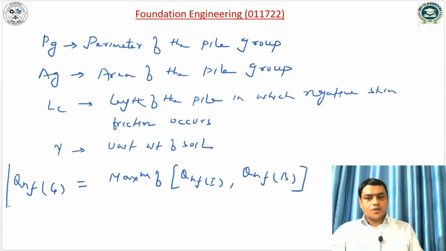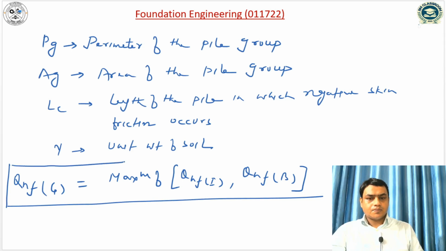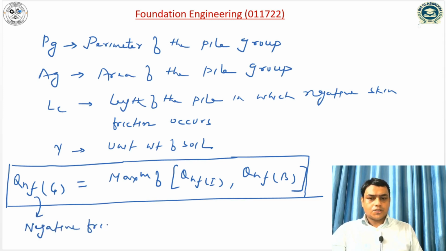So maximum value we have to take. This is the negative frictional load in a pile group.